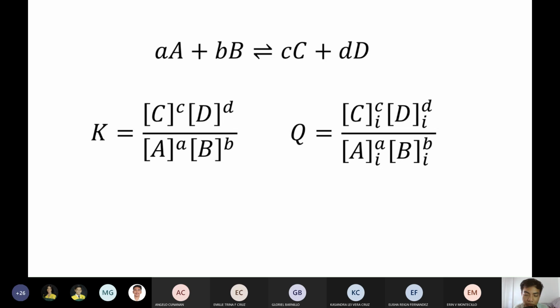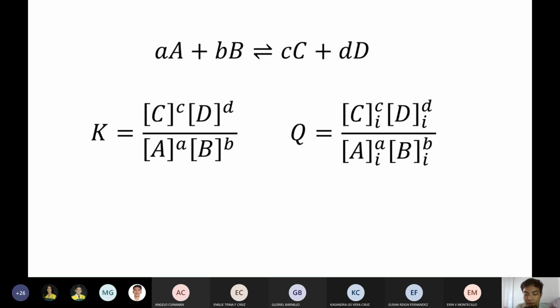Yung Q, ito yung reaction quotient, no? So mapapansin mo yung reaction quotient that has a similar formula with K. However, may subtle difference lang, yung letter i. Yung letter i, that means yun yung initial na value ng ratio na yan. So yan yung initial value ng concentrations.